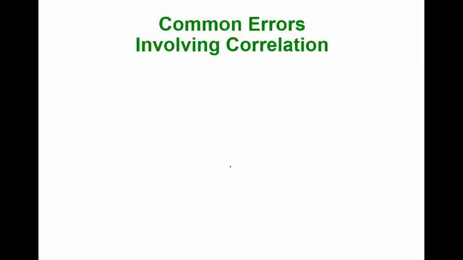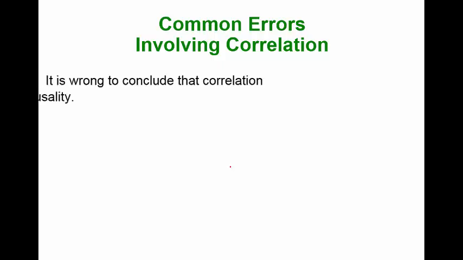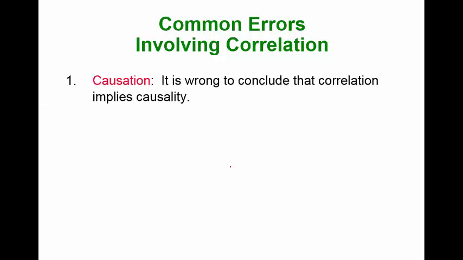We want to watch out for some common errors that are involved when we're doing linear correlation. There's a famous line that says correlation does not imply causation, and what that means is that if you find correlation, it doesn't mean that the x variable causes the y variable to happen.